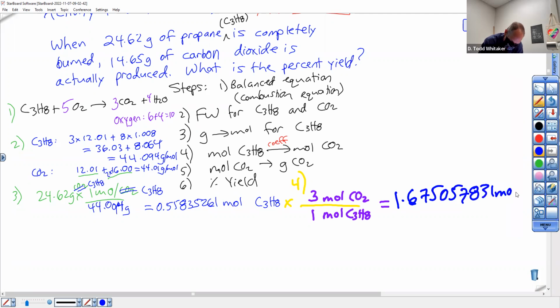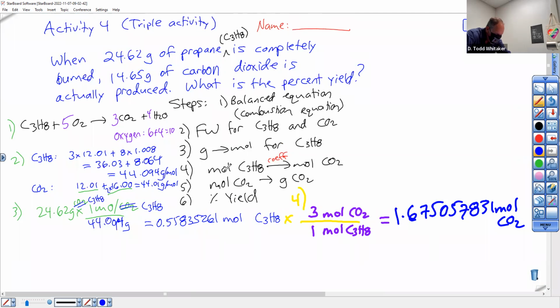And now we're talking CO2. You know you're getting close to the end. It told us step 3, moles of C3H8 to moles of CO2. Mole C3H8, use the coefficients. These are coefficients. Well, if you want to get picky, they're right there on the left.